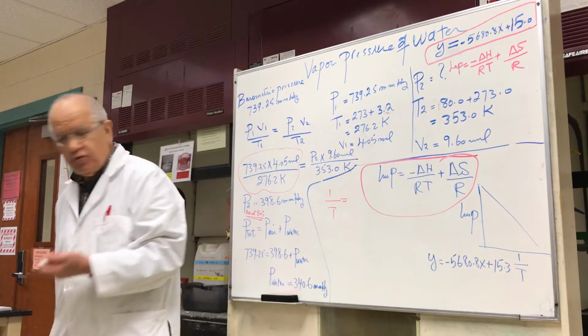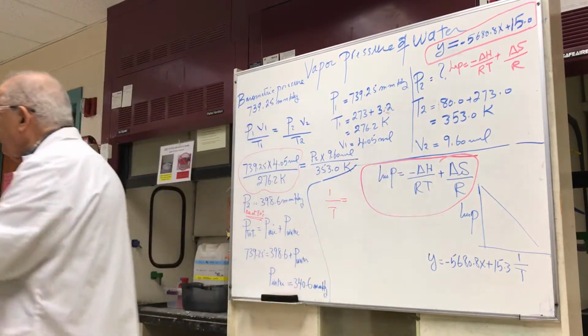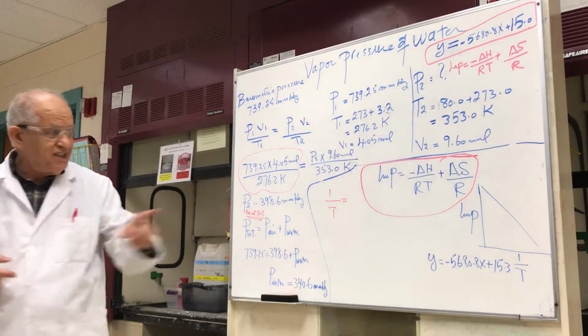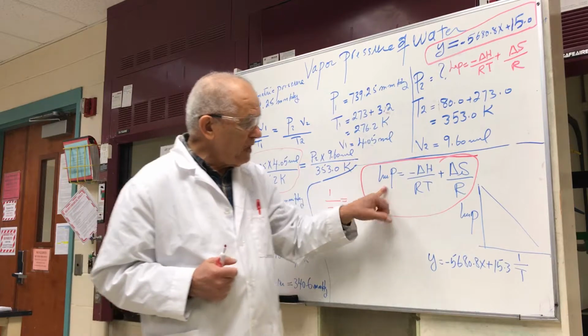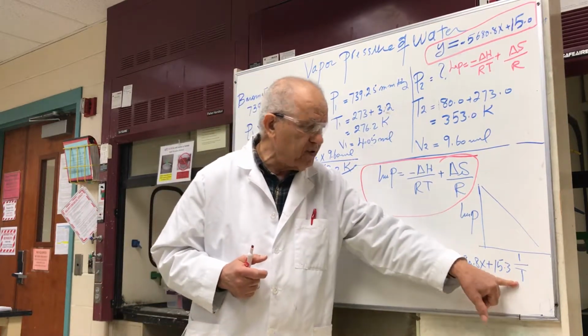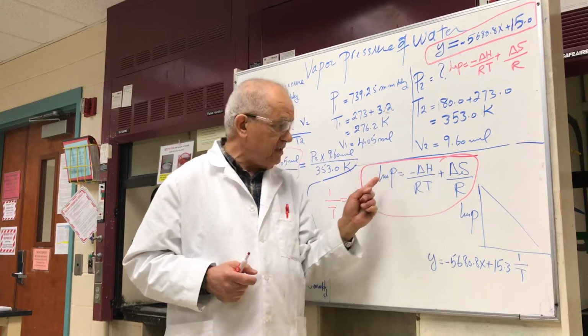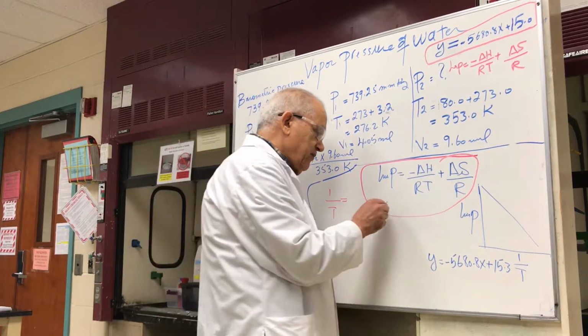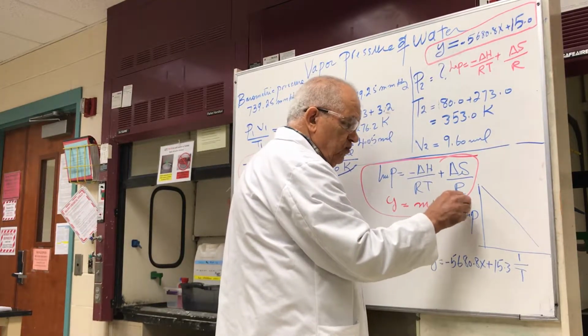This is a good question. T is what we were changing. We were changing temperature and volume, but in this equation, the temperature is what's changing. So if you plot natural log P over 1 over T, you get a straight line, because this is the equation of a straight line, right? See it, y equals mx plus c.